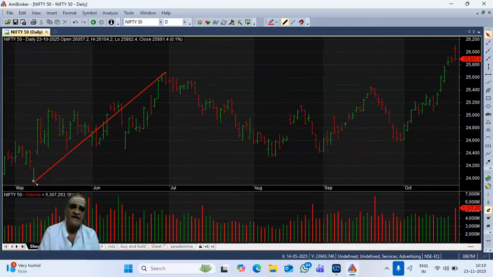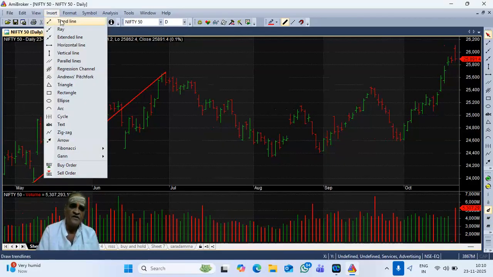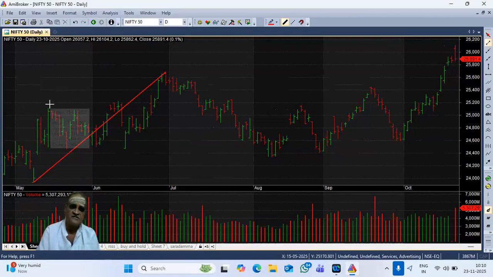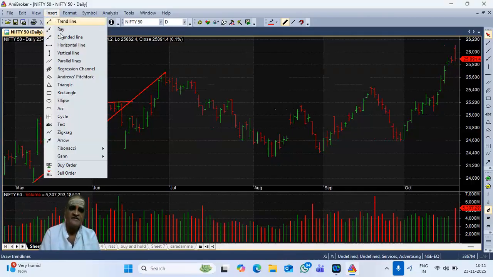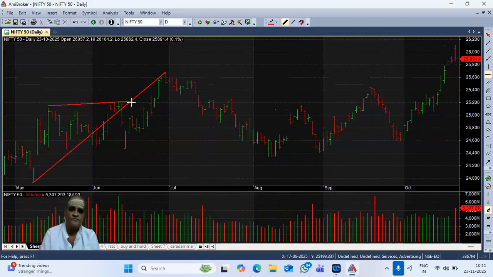From this low to this high, and I will connect another high which is formed almost on this line to the next high. I connected a low and I ignored one high. I took the next high and connected the other high. And this intersection, as usual, is taken and a horizontal line is placed here.